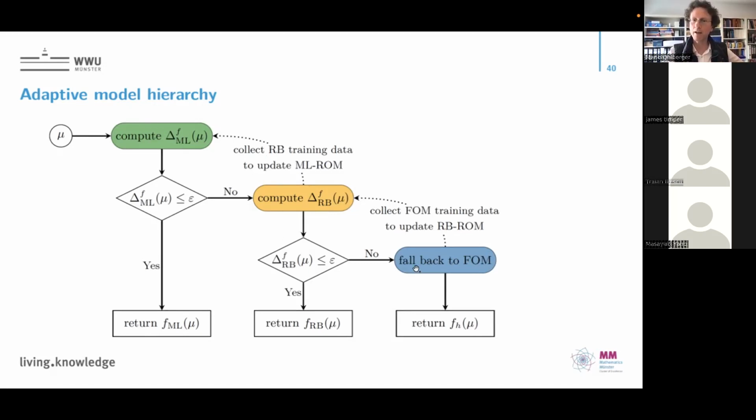And in the same way, if you call the full order model, then you collect training data from that, and this is used to improve the reduced basis method. And in that way, it's an on the fly construction of this model hierarchy. You can see this model hierarchy now just as an optimal black box solver for your problem that gives you the desired accuracy solution with minimal effort.